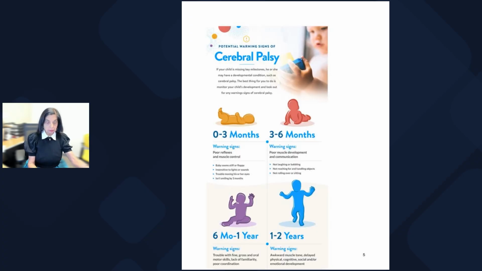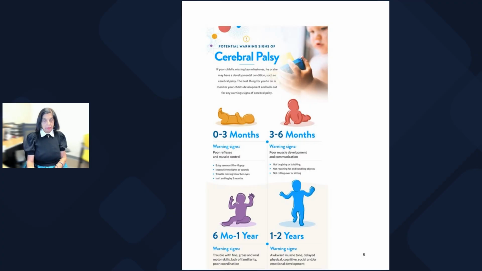So this is what cerebral palsy is. This is a very good slide that I have prepared for our viewers to know the potential warning signs. If your child is missing milestones, he or she may have a developmental condition.